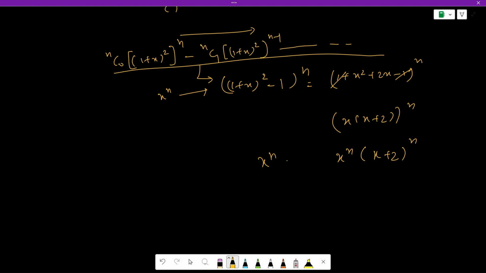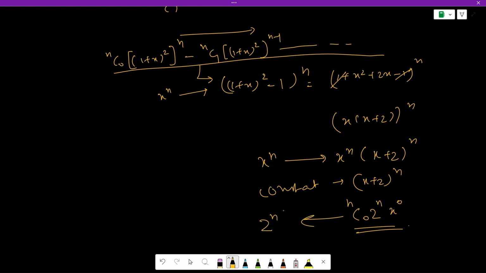Now we need the coefficient in this, hence we need the constant in (x plus 2) raised to the power n, and the constant term will be nC0 into 2 to the power n into x raised to the power 0. This will be the constant term, hence the answer is 2 raised to the power n.